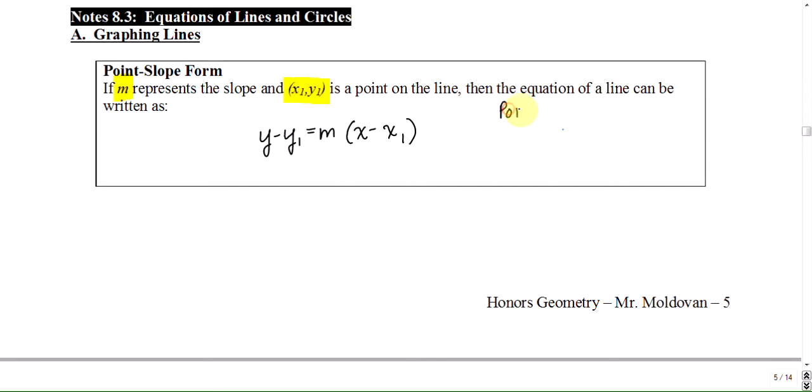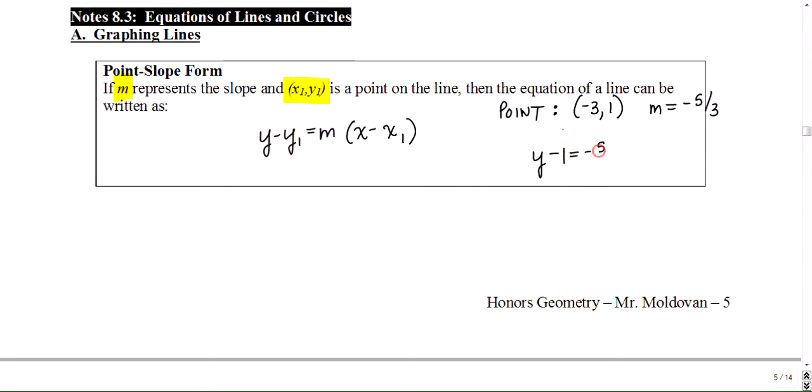For example, if you're given a point that a line passes through, let's say (-3, 1), and you're given the slope of the line, which is -5/3, then we would plug in our y. Notice there's a built-in minus sign in the equation in point-slope form.